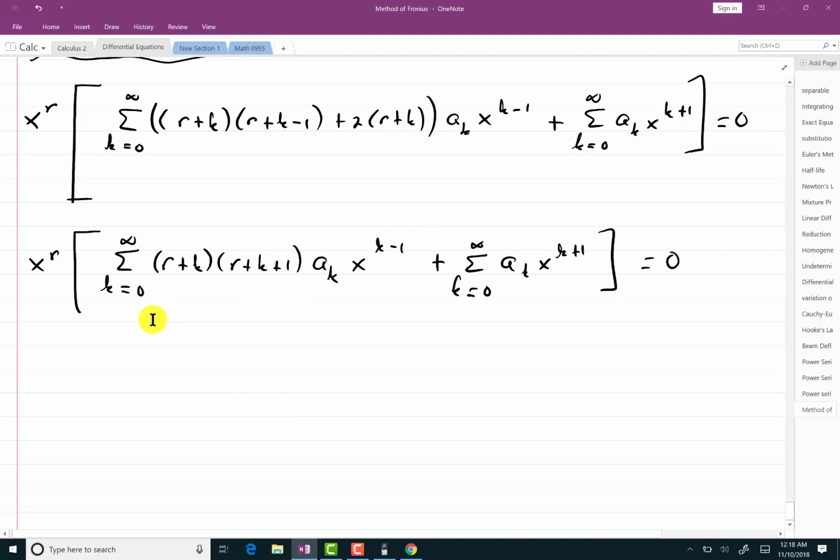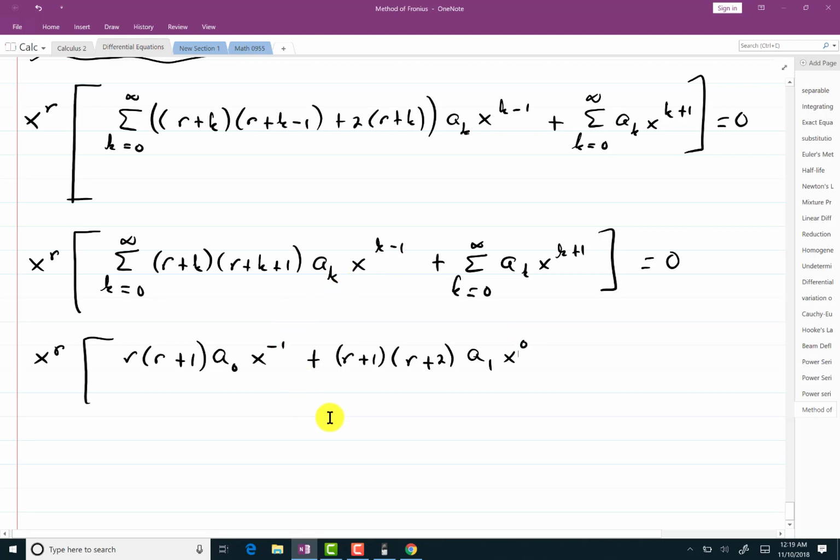When k equals 0, I'm going to get r times r plus 1, a sub 0 x to the negative 1. And then for k equals 1, I'll get r plus 1 times r plus 2, a sub 1 x to the 0.